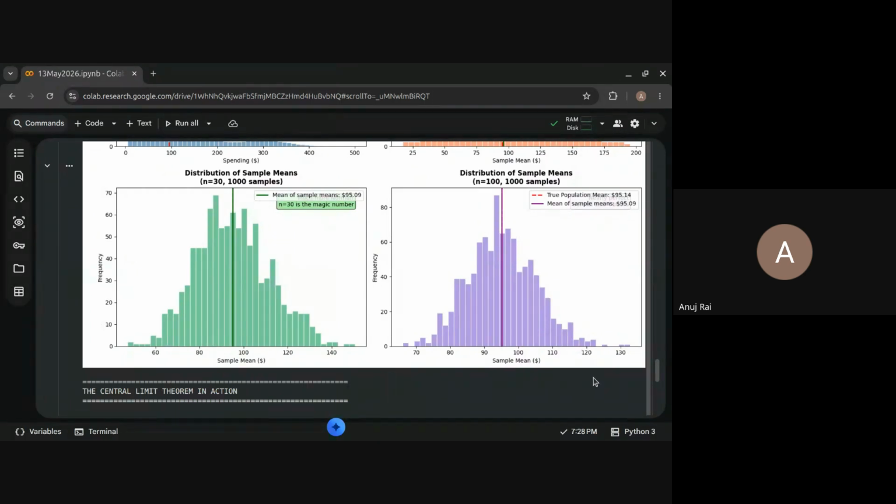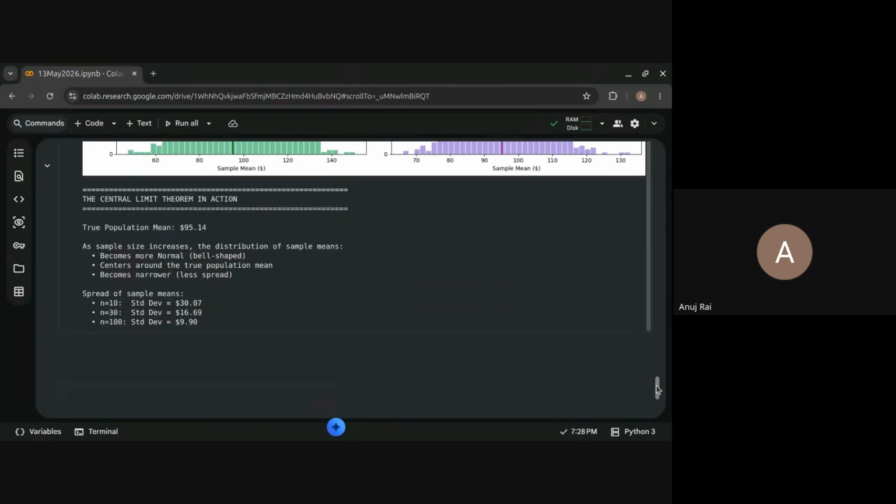So this is what the central limit theorem says: rather than collecting only one sample of n size, you conduct around 30 surveys or 30 batches of sample collections, and then you run your statistics on that. So this is what the central limit theorem says.